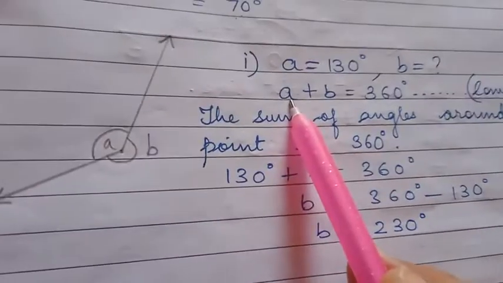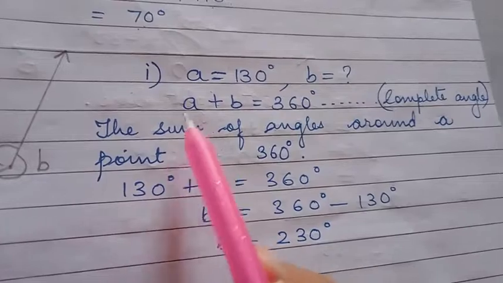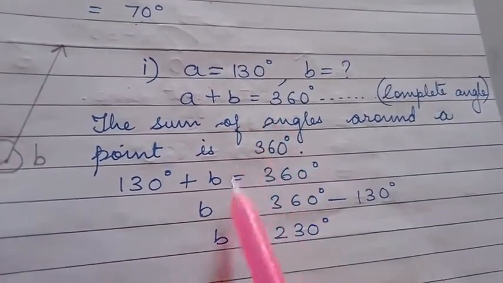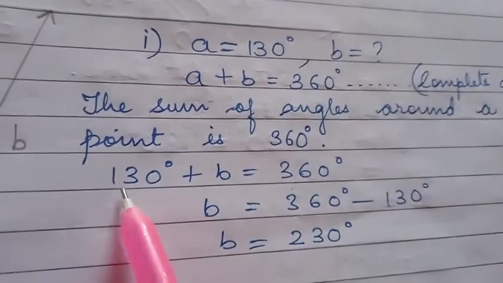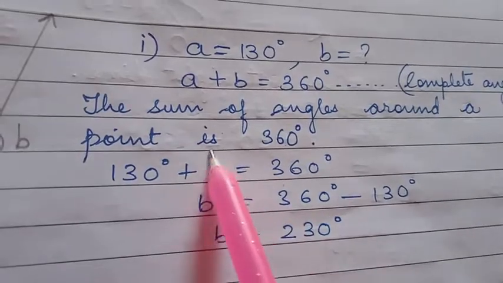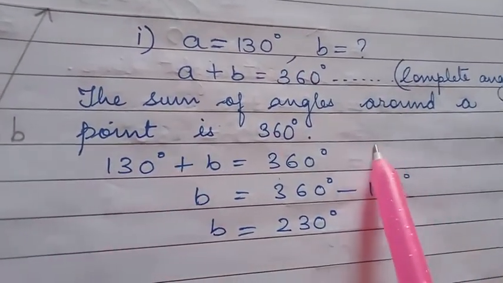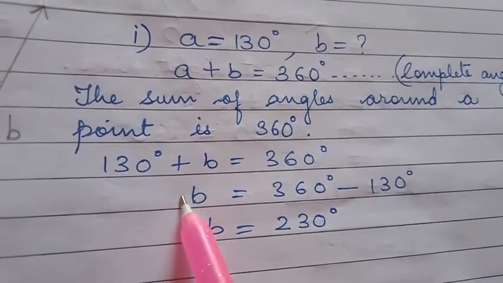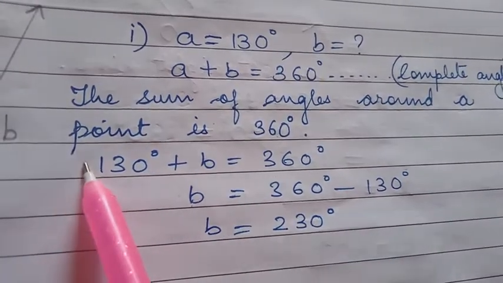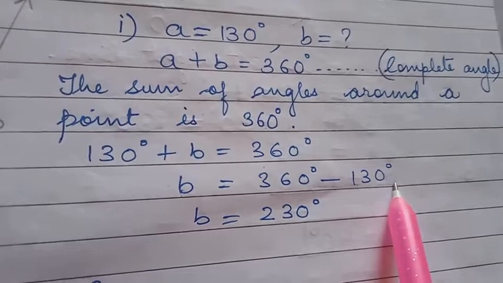So what is the value of A given? The value of A given is 130. So wherever A is there, write 130 degree plus B is equal to 360 degree. So LHS is 130 degree plus B and RHS is 360 degree. To find B, we have to transpose 130 degree to the right hand side to get the value of B. So B should be kept in LHS, and plus 130 becomes minus 130 when transposed to RHS.